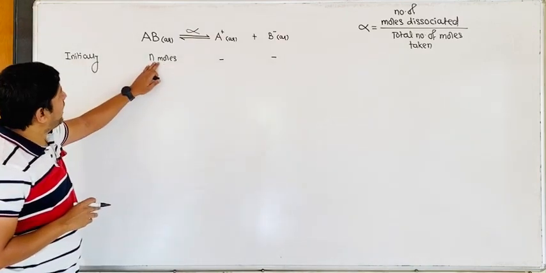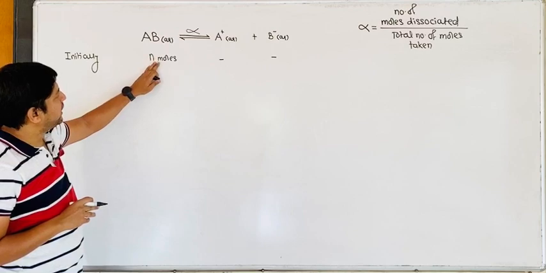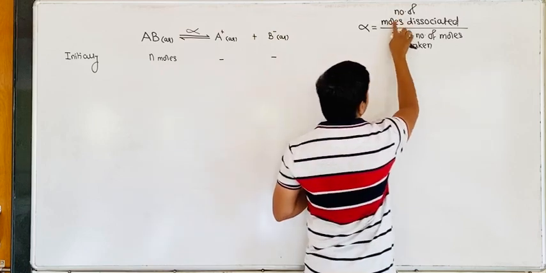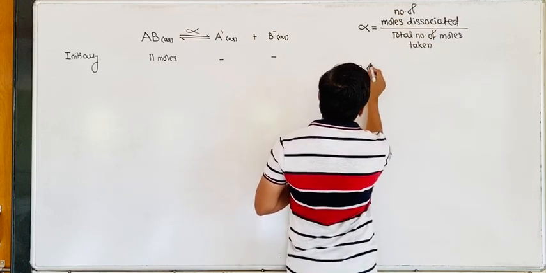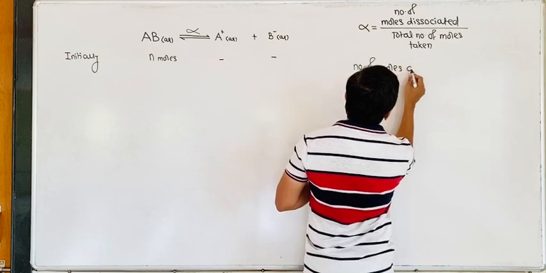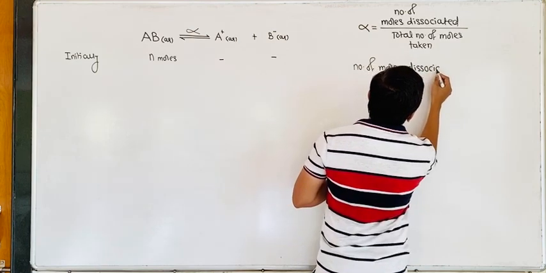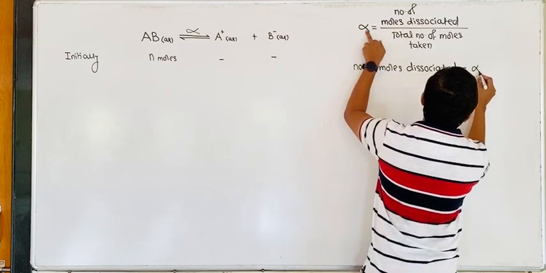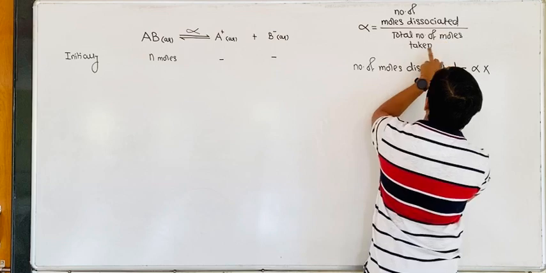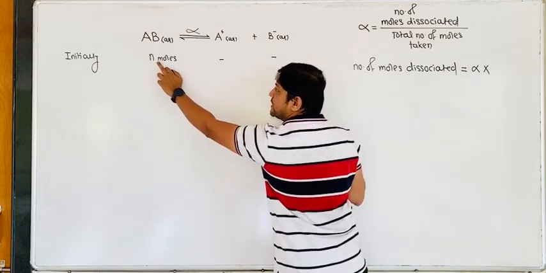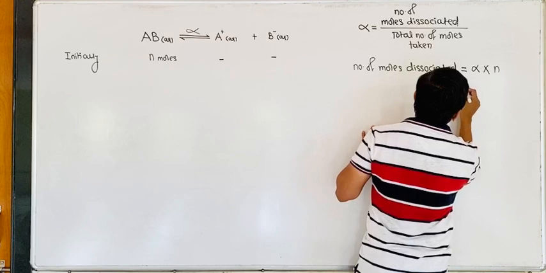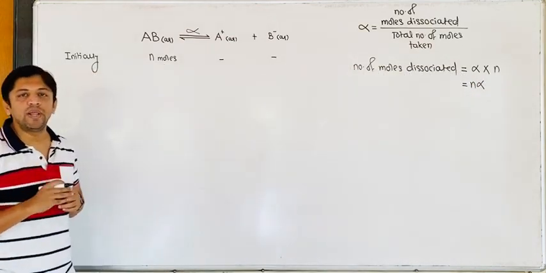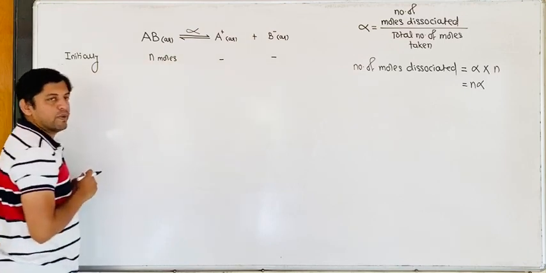In case of this electrolyte AB, we have initially taken n moles and its degree of dissociation is alpha. So number of moles dissociated is equal to alpha into total number of moles of that electrolyte initially taken, which is n. So n into alpha moles will be dissociated when equilibrium is attained in this ionization process.